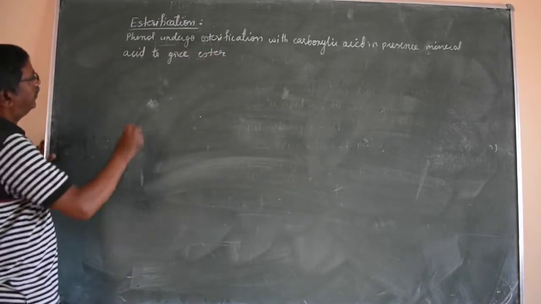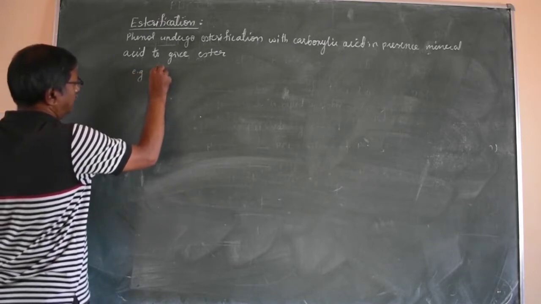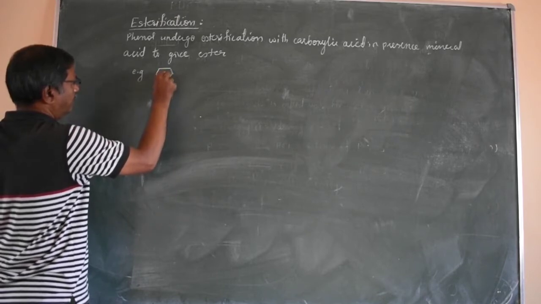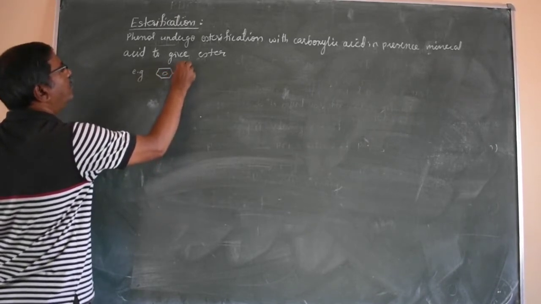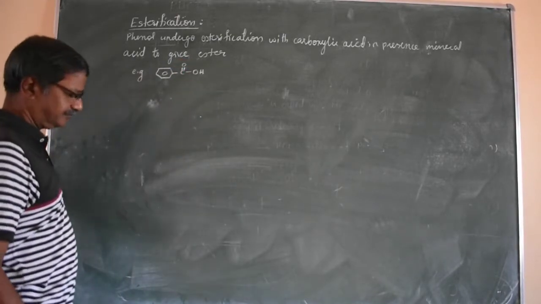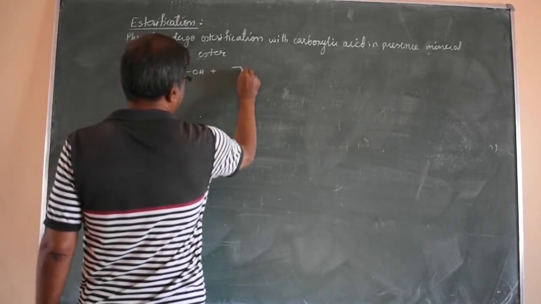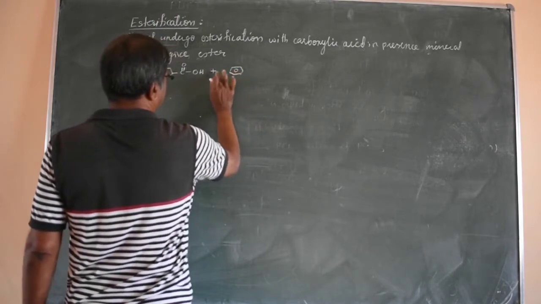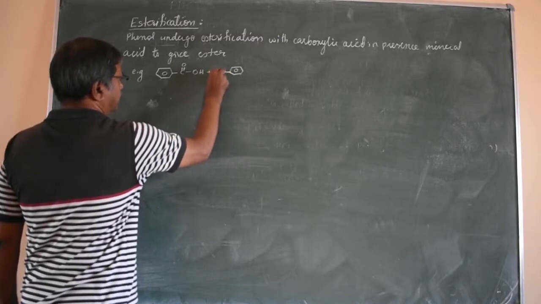So example for esterification, carboxylic acid, I am writing benzoic acid. We know the formula for benzoic acid, C double bond O, OH. Then phenol, C6H5OH.